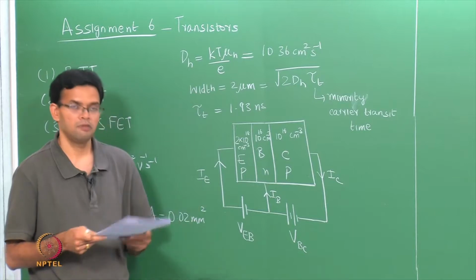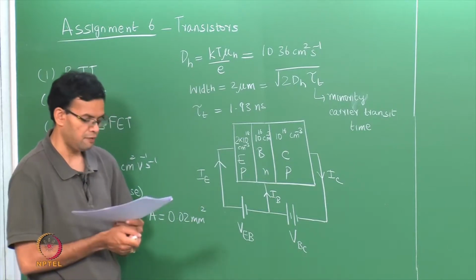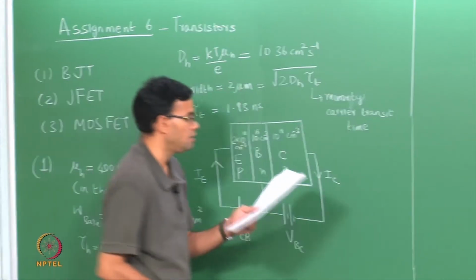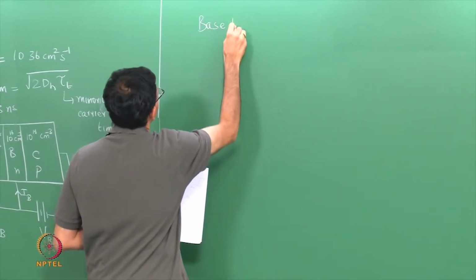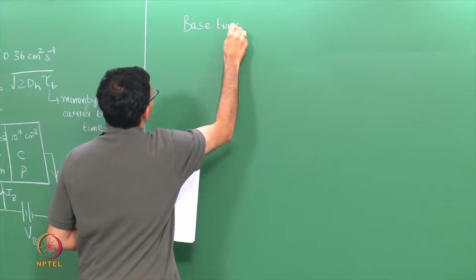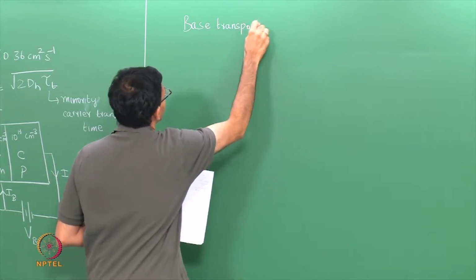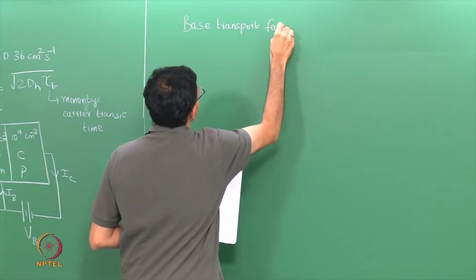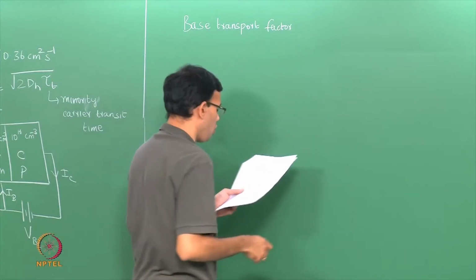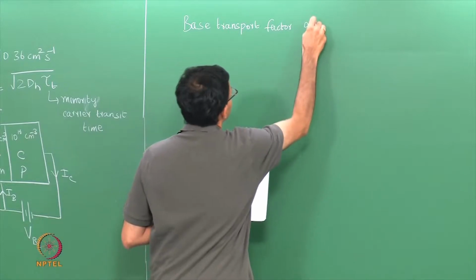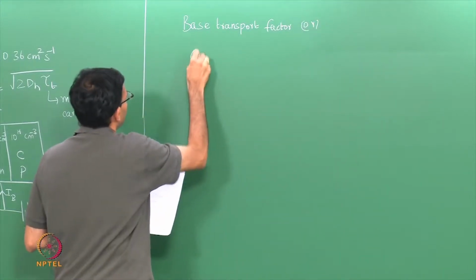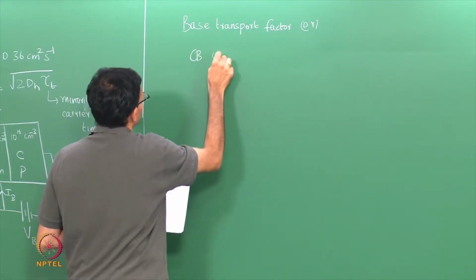So, based upon this we can define a base transport factor. This is also the common base current gain, or alpha. Another name for this is the common base current gain.